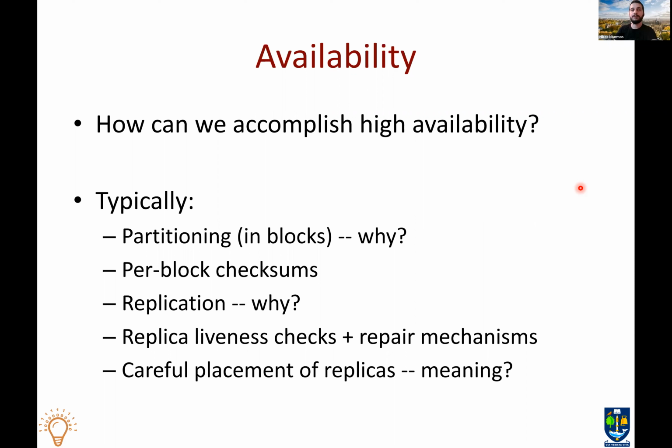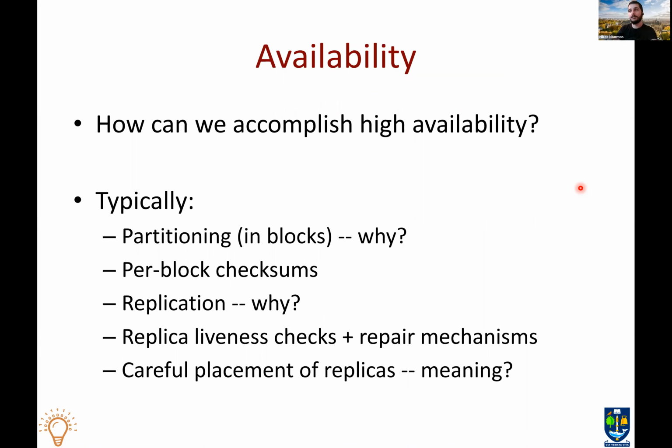But with replicas come extra worries. You need to have a mechanism to check for liveness, to check that your replicas are available and correct. And in case something goes wrong, you need to have mechanisms to repair, right?